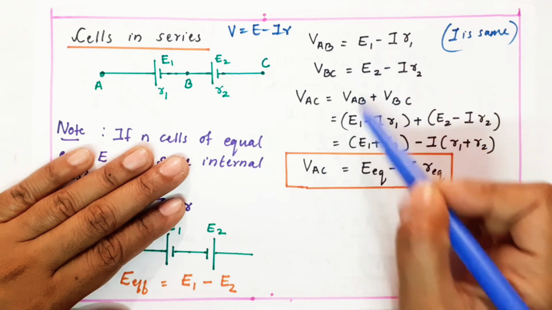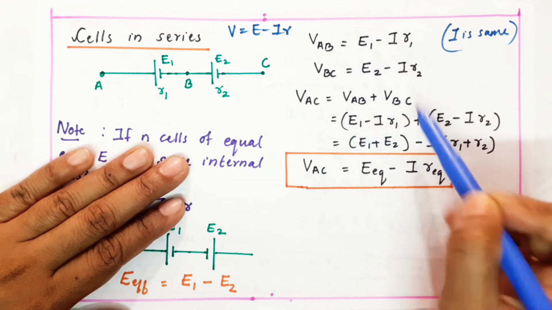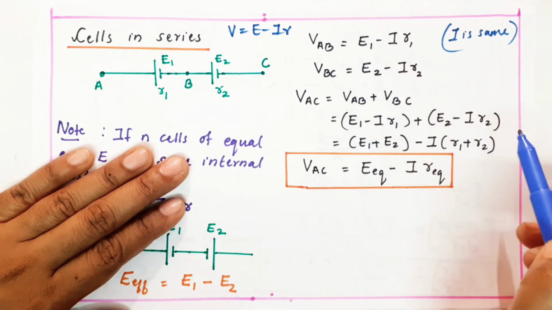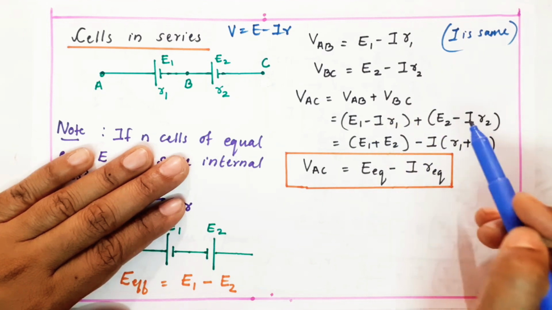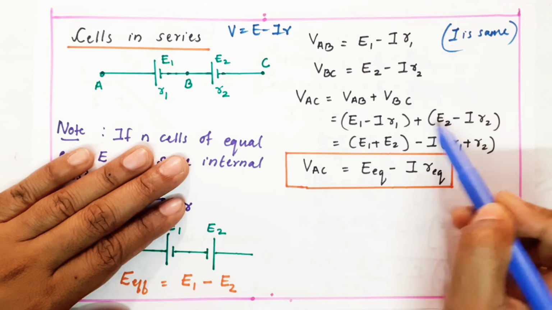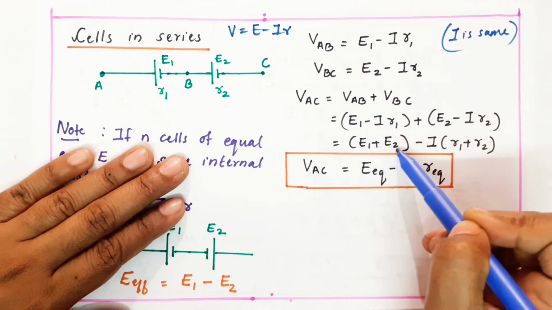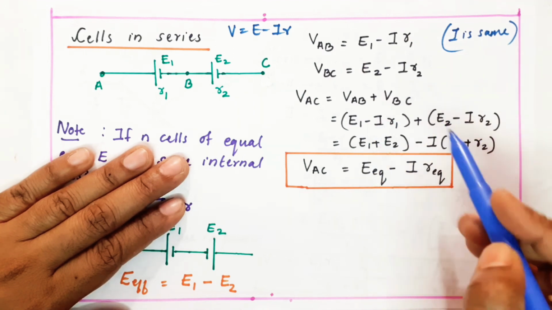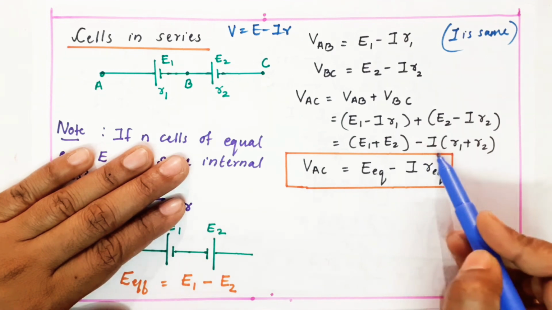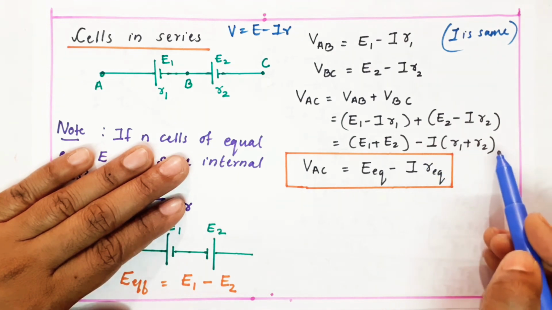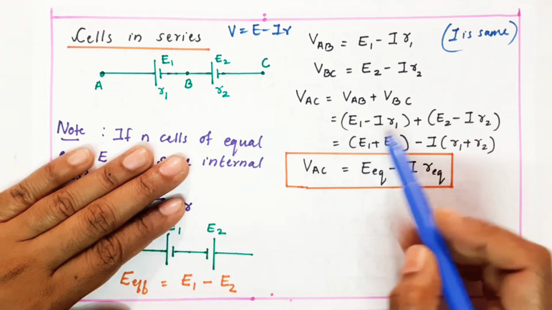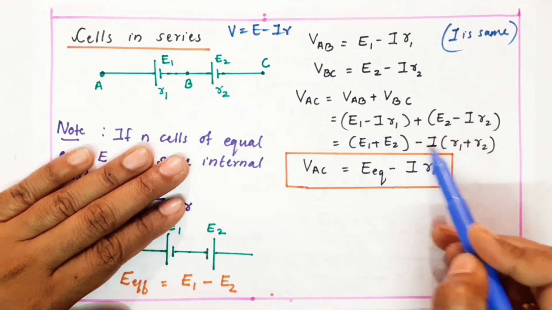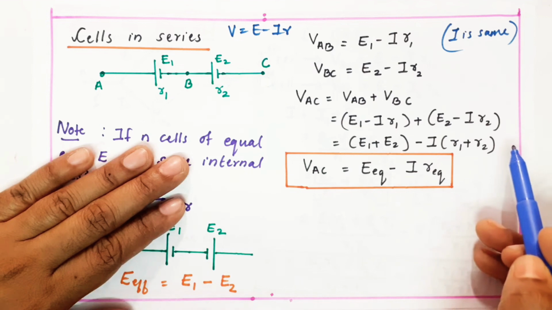VAB is E1 minus IR1, plus E2 minus IR2. Grouping similar terms, it is E1 plus E2 minus I into R1 plus R2.